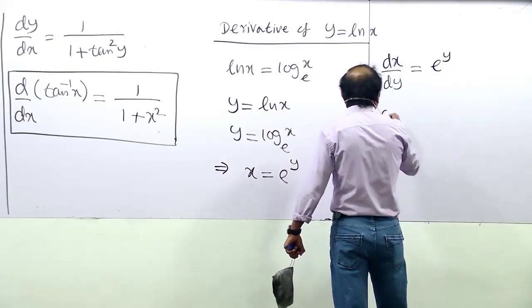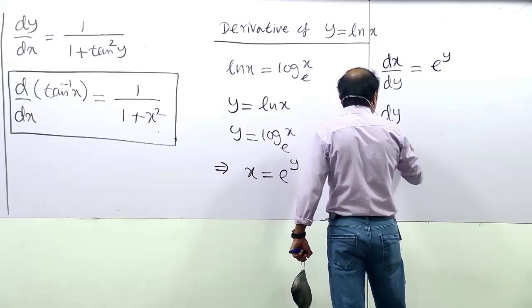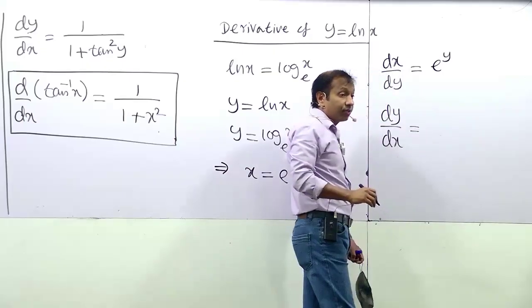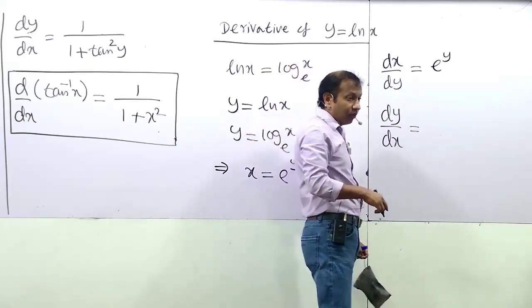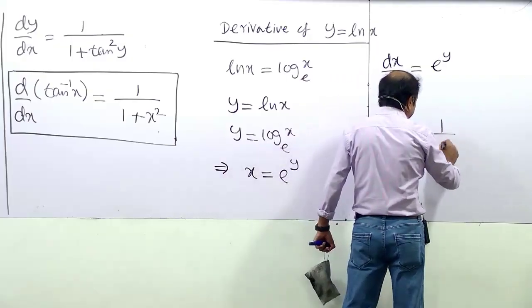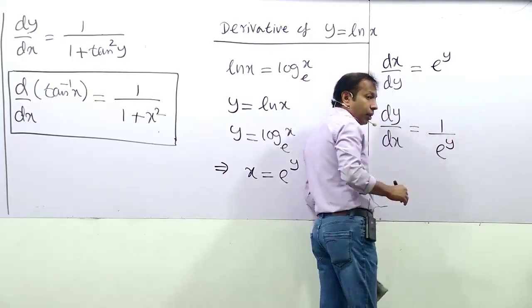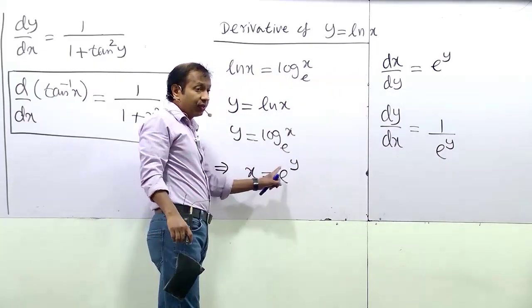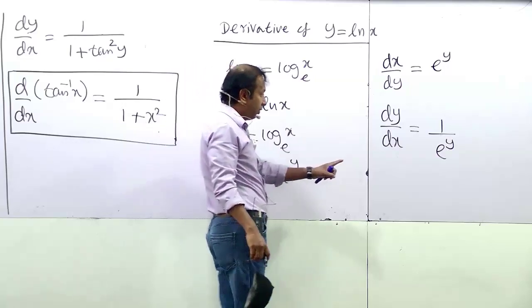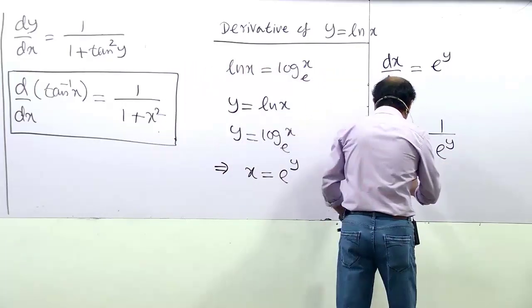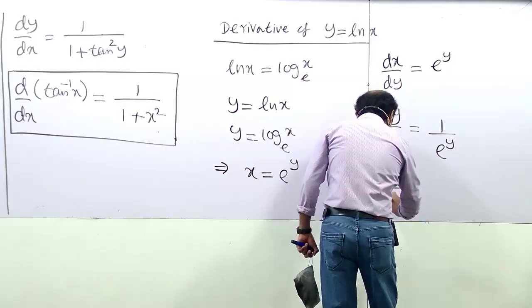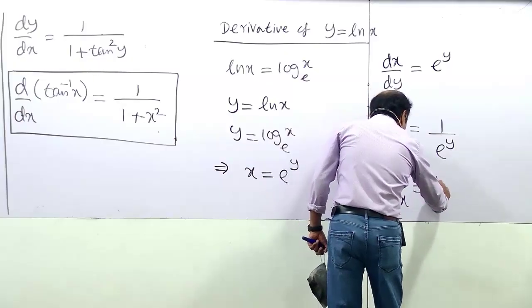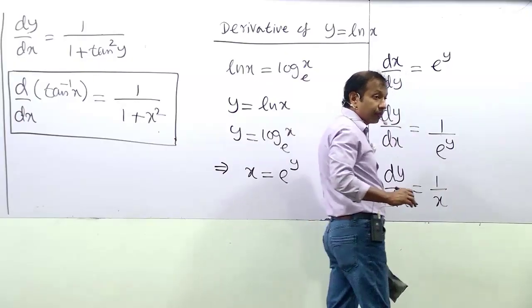But people, what do we need? dy over dx. What is dy over dx? 1 over e to the power y, right? But what is e to the power y? It is x. Then we can put x here: one over x.